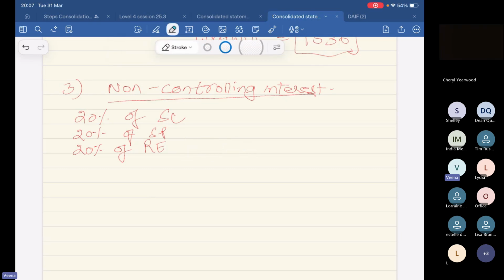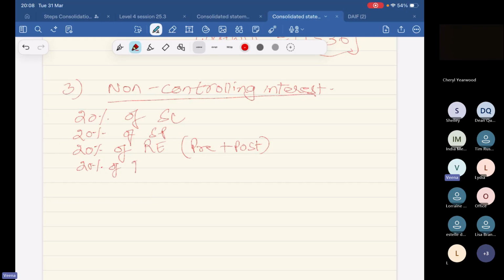Let us see. Pre plus post. And then they are also going to get 20% of the fair value adjustment. Whatever 80% you gave to them, take 20% here. That is as simple as that, because 80% went to them and 20% stays with these people. But when it comes to different aspects, that gets confusing. If you know what it is, you will master this topic very well.